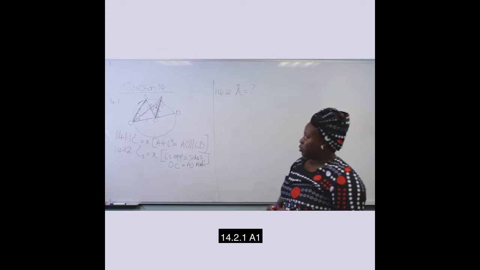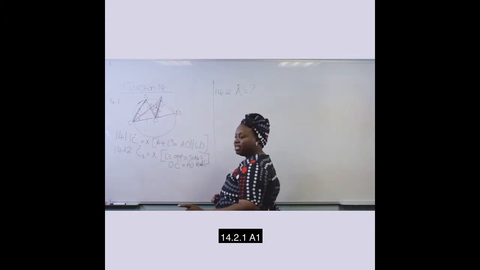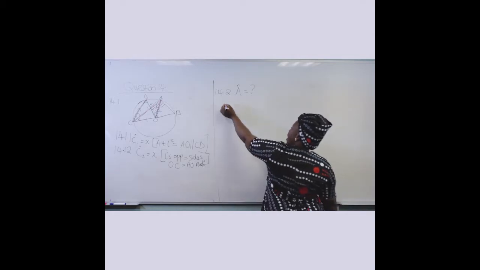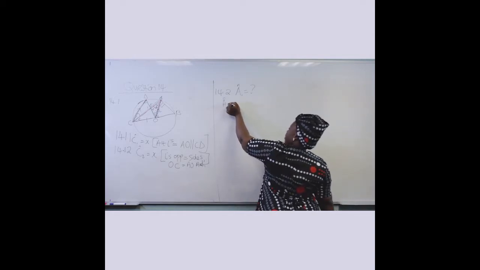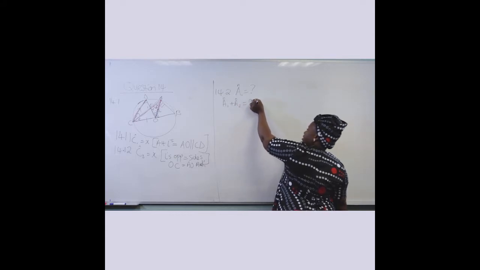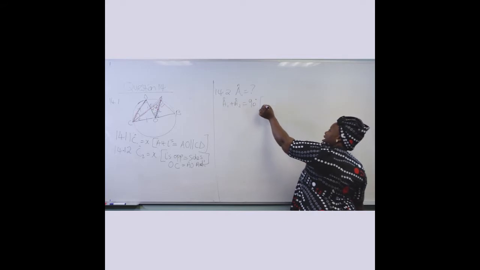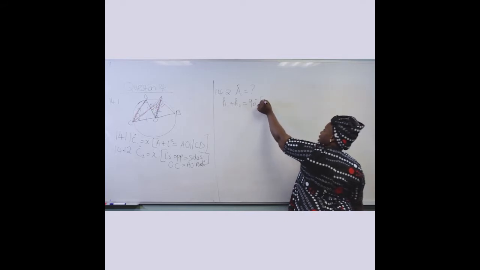Let's figure it out. Where is A1? A1 is just there. Folks, remember we said A1 plus A2 is equals to 90 degrees from the beginning and from the statement. The reason was because it's the angle subtended by the diameter or semicircle.